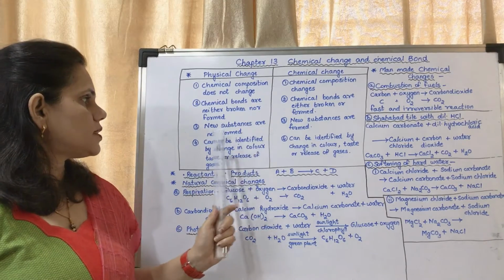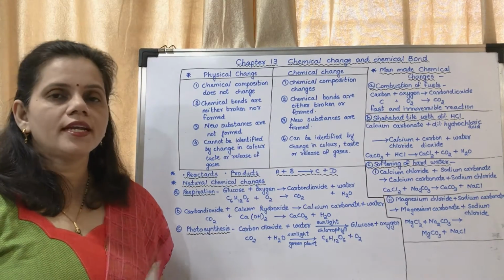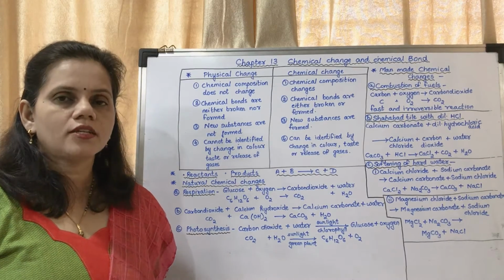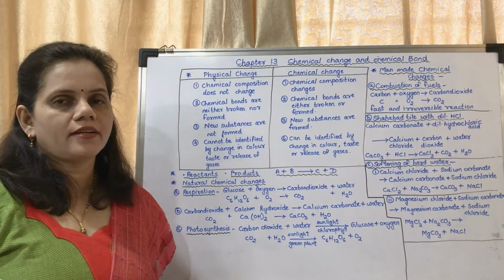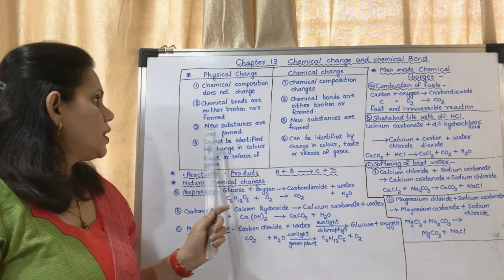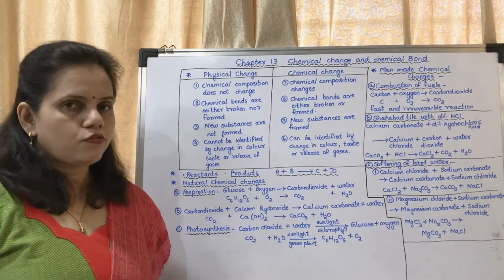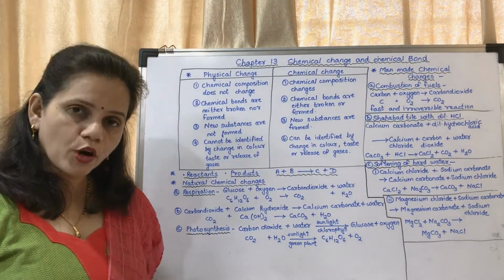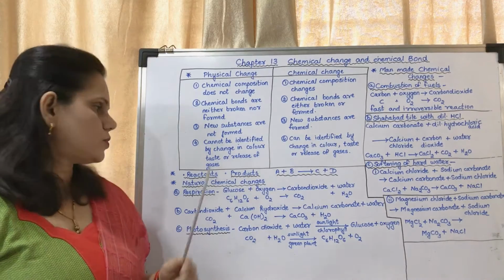Next, new substances are not formed in a physical change, only the state of the compound changes. It could change the state of matter from solid to liquid, liquid to gas and so on, but new substances are not formed. Whereas in chemical change, new substances with different properties are formed.